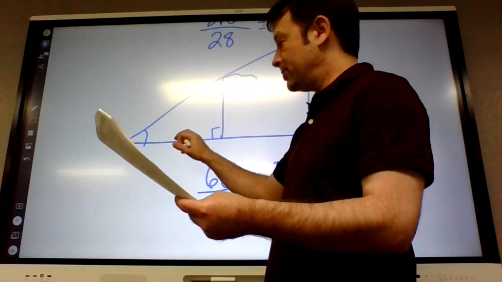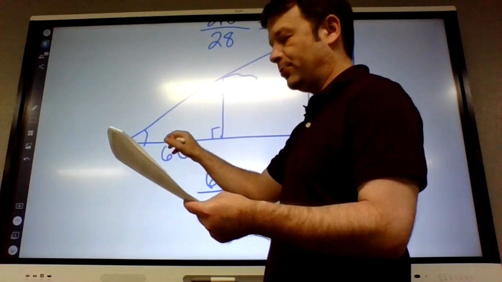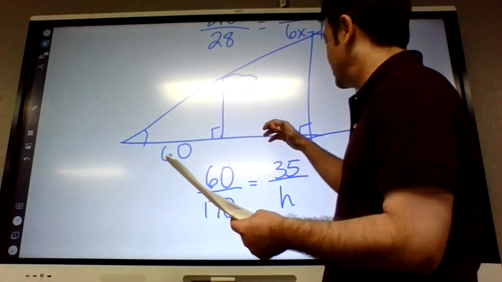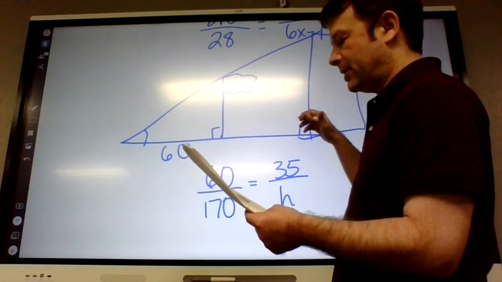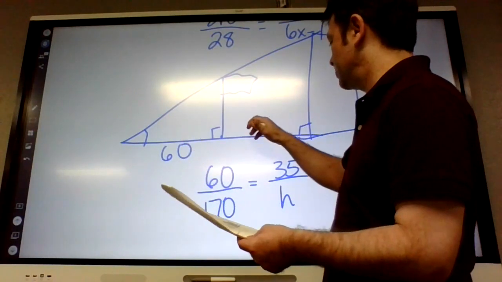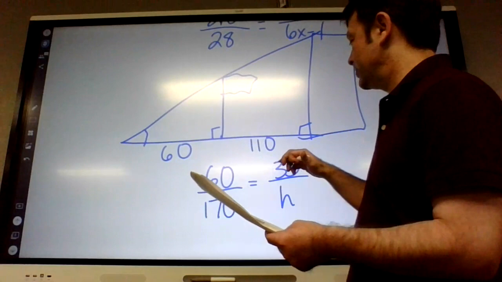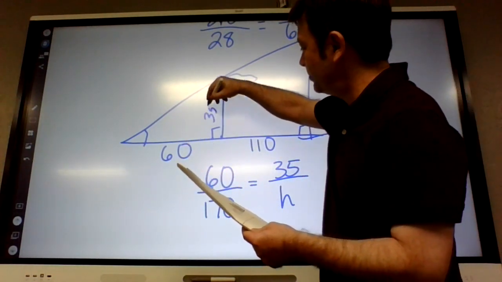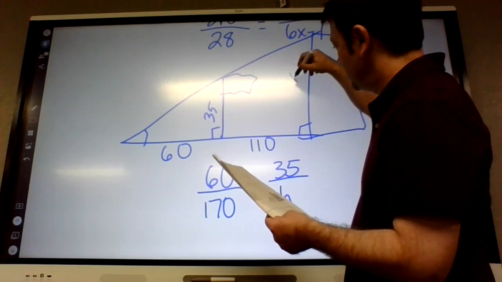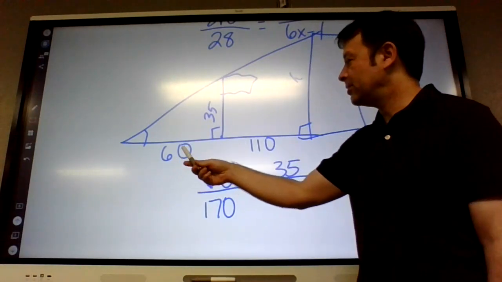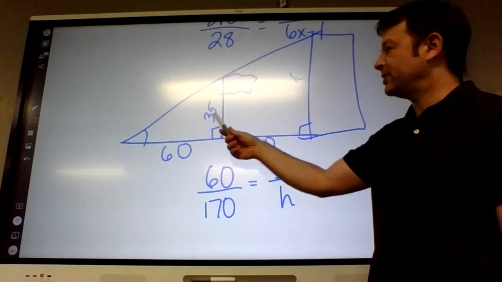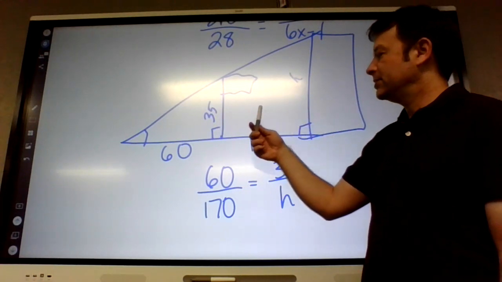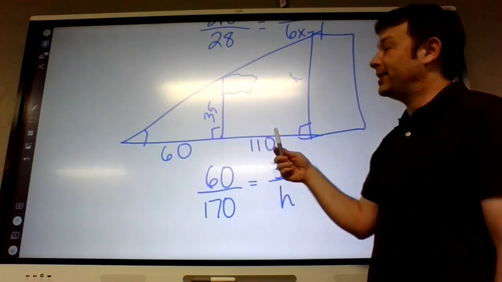I should point out though, sometimes instead of giving you the 170 as the whole thing, they might give you like 110 just right here. And if they did that, you could get it wrong by just saying 60 over 110 equals 35 over h. Because 110 is not a side on the big triangle.